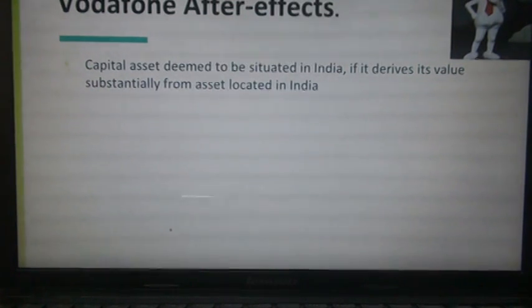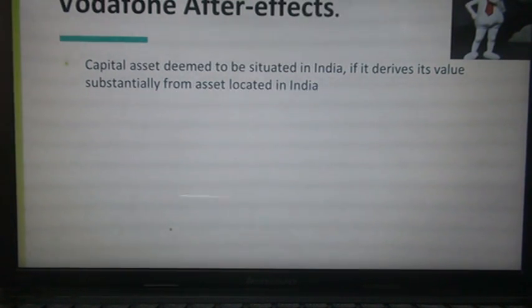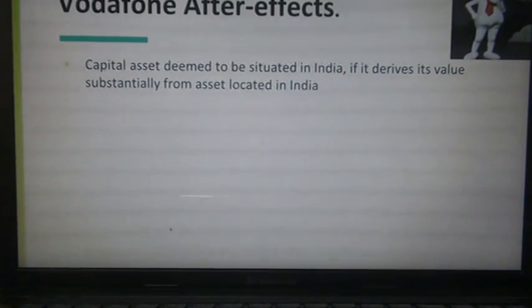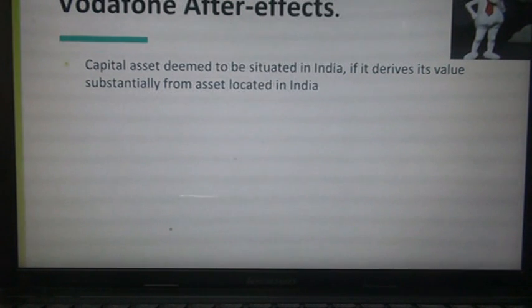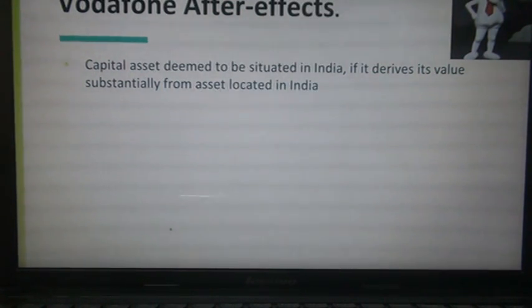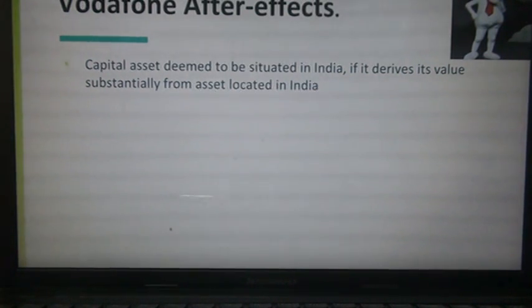What was the change of Section 9(1) was typically that if two non-residents located outside India end up transferring a capital asset, and this capital asset predominantly derives its value from an underlying asset located in India, then this would have been considered as an indirect transfer liable to tax in India. This was basically resultant of the Vodafone ruling, and this amendment was retrospective in nature.